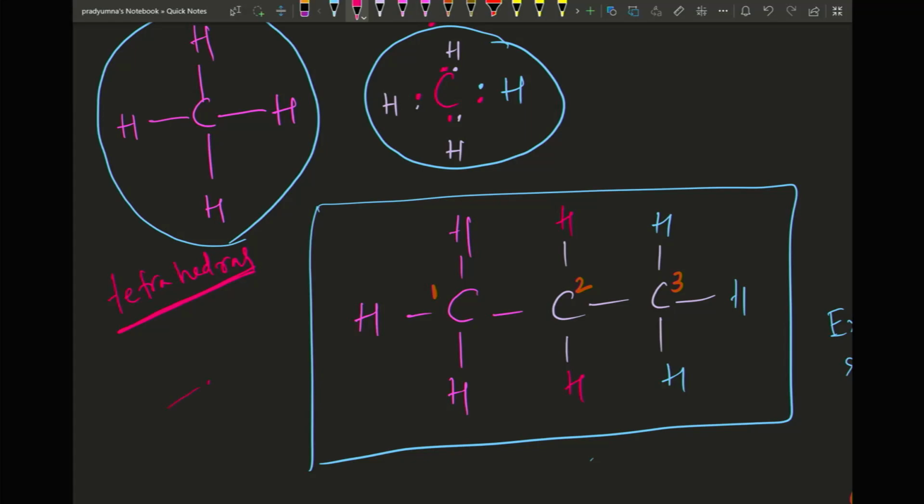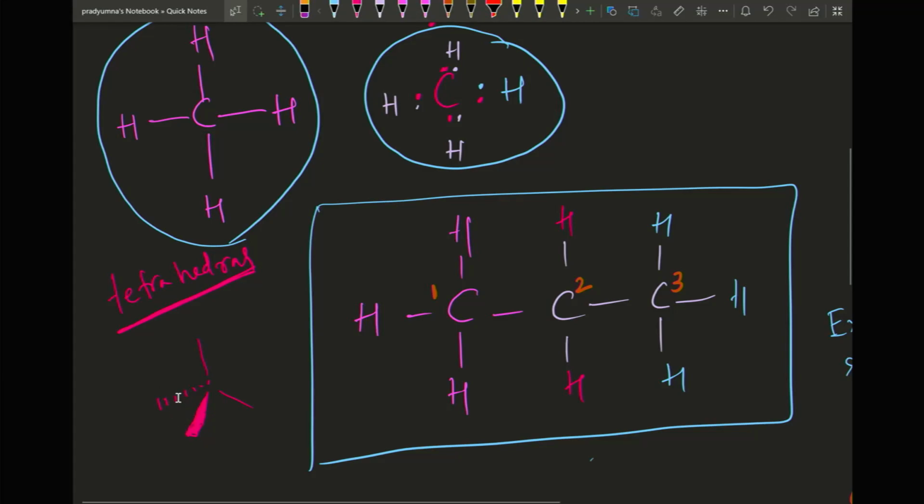So it's the 4 corners of a tetrahedron. This one is pointing backward, so this bond here is pointing away from you, and this one is pointing out towards you. That is called the dash and wedge representation.